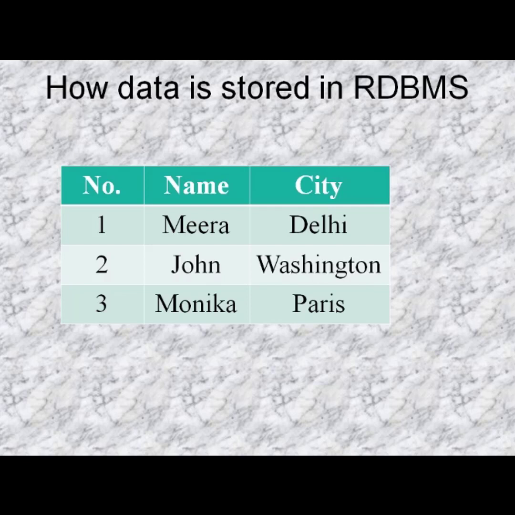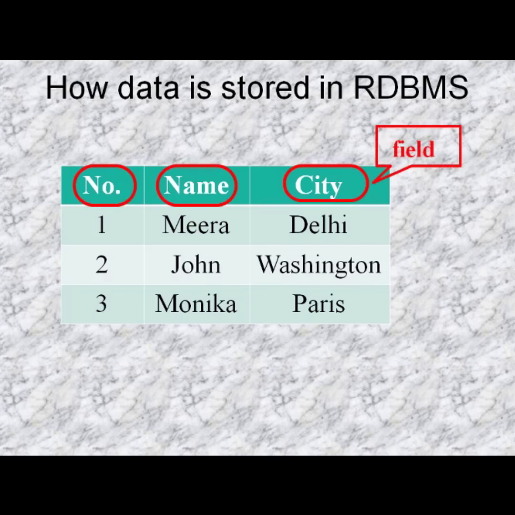If you look at the slide, we can see a table, 4 rows and 3 columns. First row is indicating 3 titles, number, name and city. These titles for each and every column is known as field.